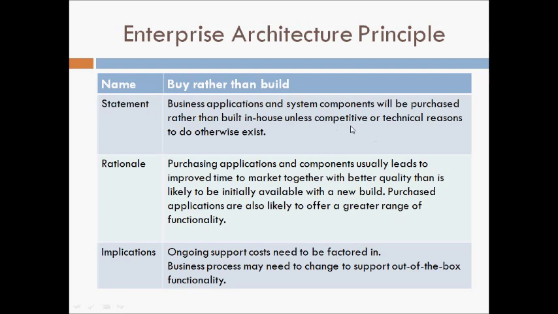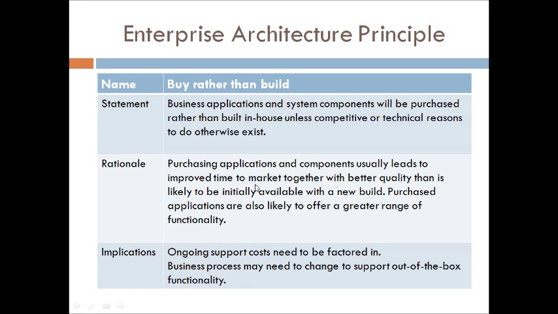So if there is any such competitive or technical shortcoming in the product that you are planning to buy or is available in the market, you can suggest the custom-built one instead of going for the available product, as this principle says. Now let us look at the next section of enterprise architecture principle, that is rationale.